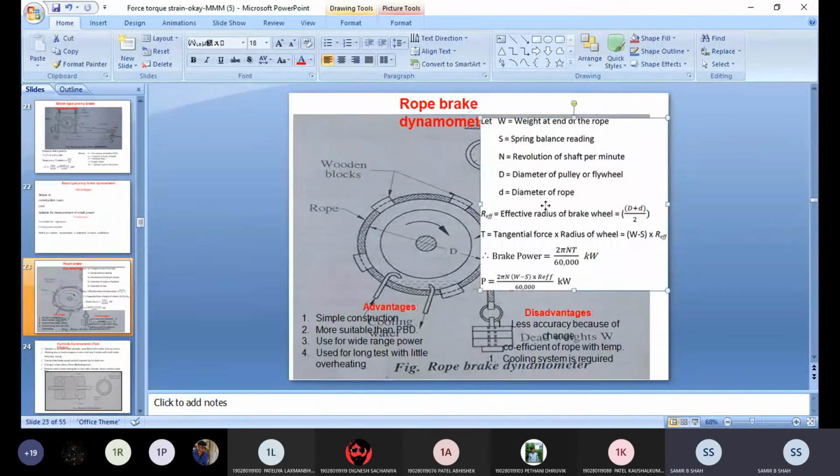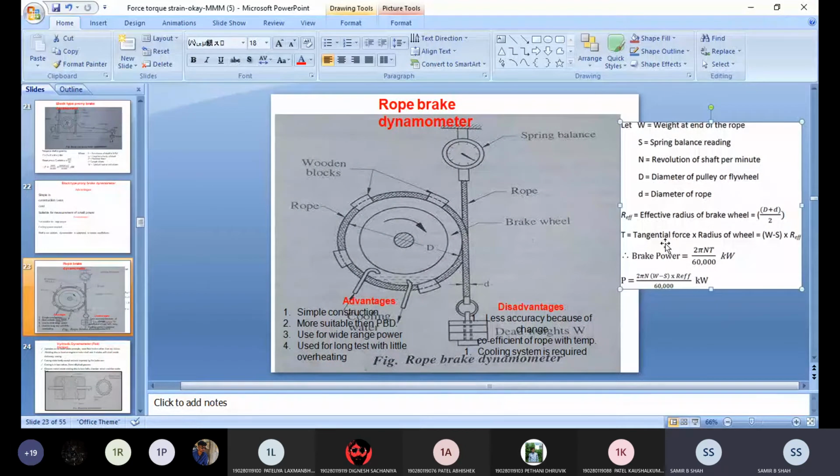I just zoom the figure so it's very clear how the functions are performed by the rope brake dynamometer. It consists of one, two, or more ropes wound around the rim of the pulley or flywheel, which is keyed to the shaft of an engine.